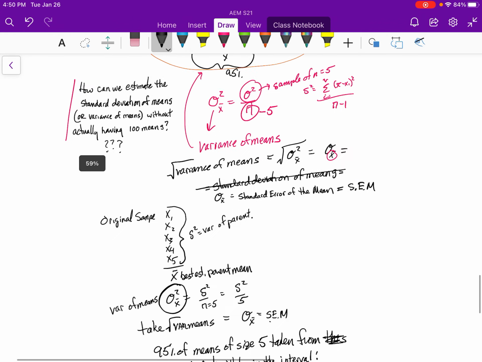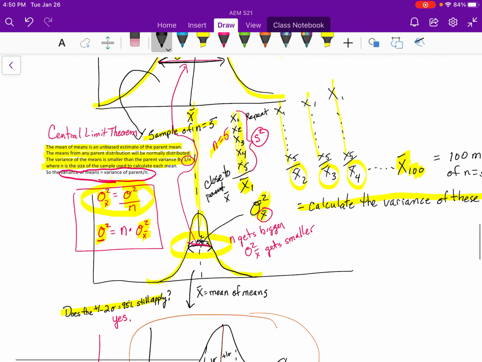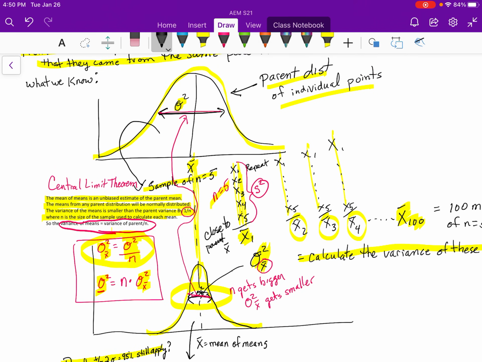To get here, quick review, we began with a parent distribution.